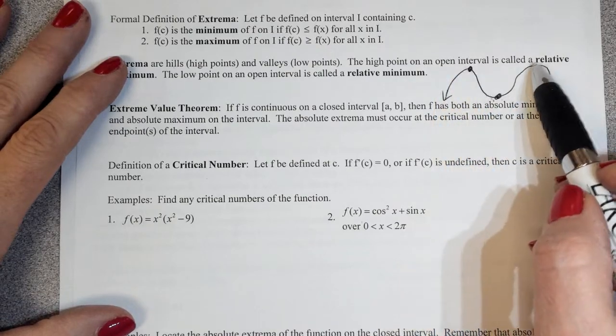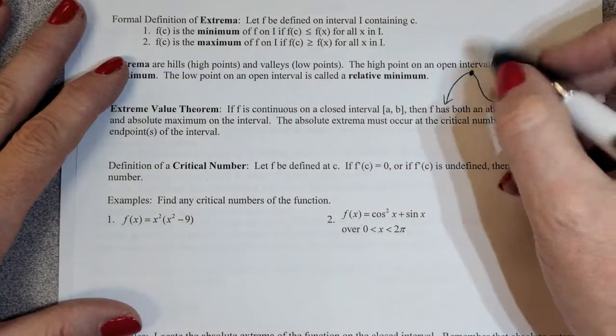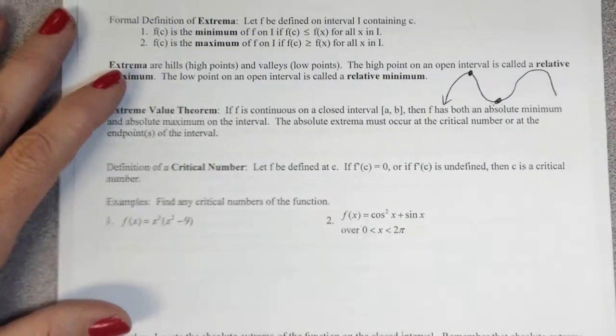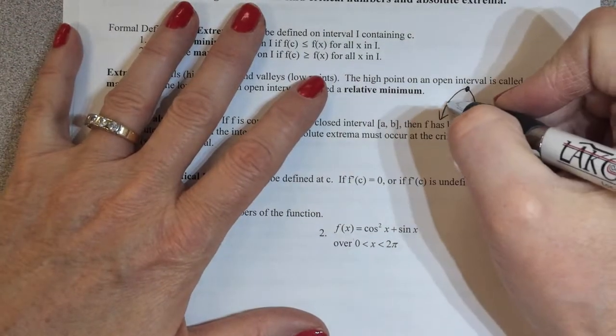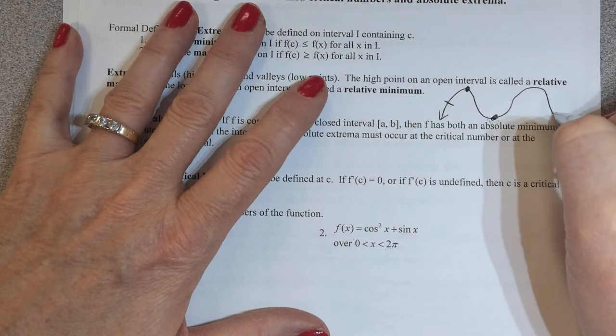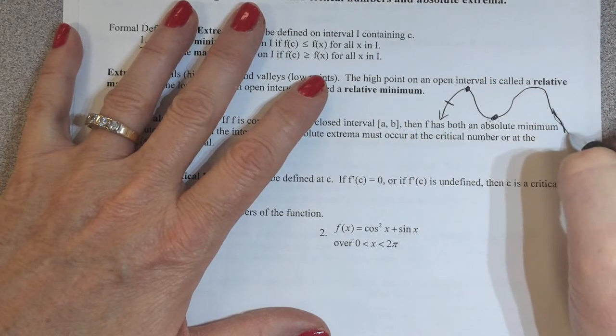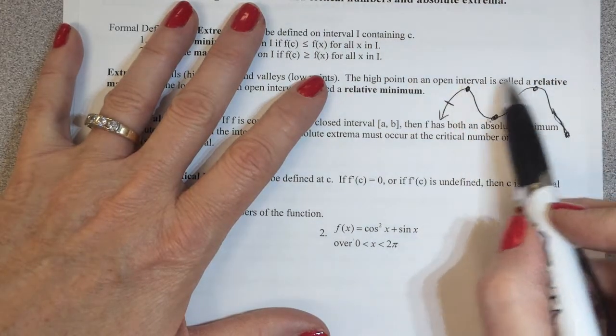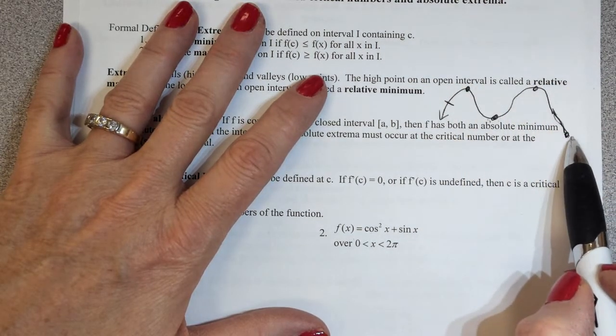See, for this, the only possibility, if I were to cut this graph off, let's say that I cut it off so that we're only looking at it from here to, let's keep this going down a little bit, to here. See how these would be the high points and this would be the low point.